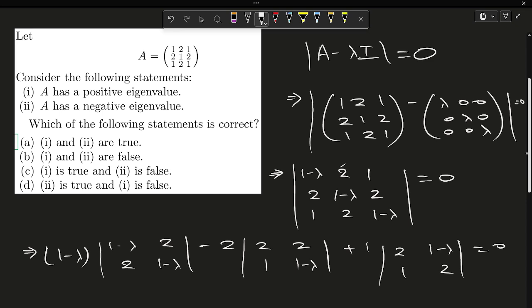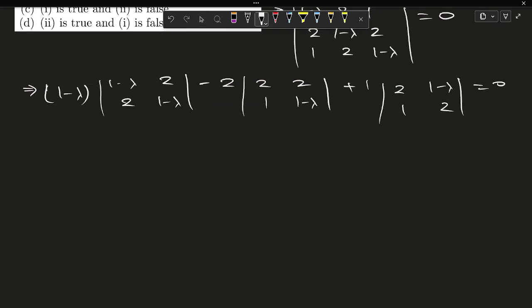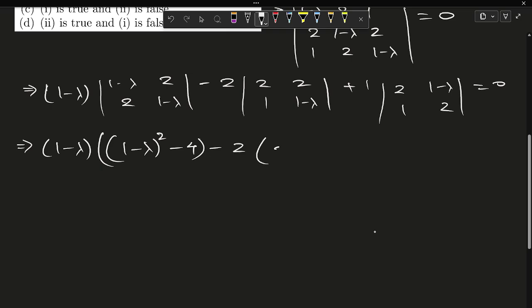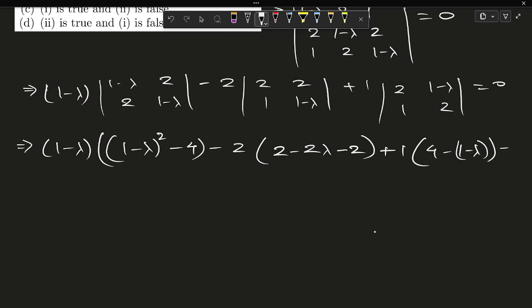Then after that we have to calculate the things. It will be (1 minus lambda) times ((1 minus lambda) squared minus 4), minus 2 times (2 minus 2 lambda minus 2), plus 1 times (4 minus 1 plus lambda), equals 0.